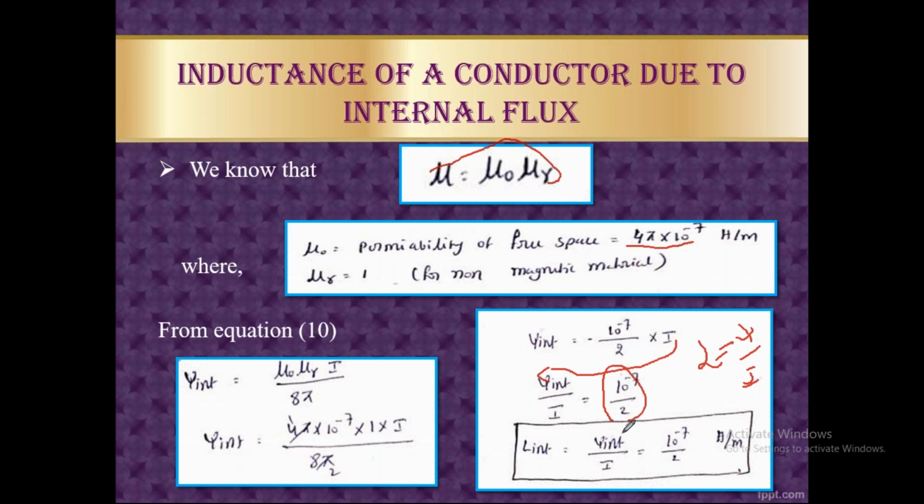At that time we use this formula: psi internal divided by I is equal to 10 power minus 7 by 2. To calculate this value, directly multiply with I, and you get the flux linkage in the conductor when 5 ampere current flows through it. So this is about inductance of a conductor due to internal flux.